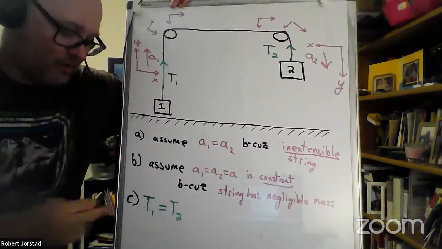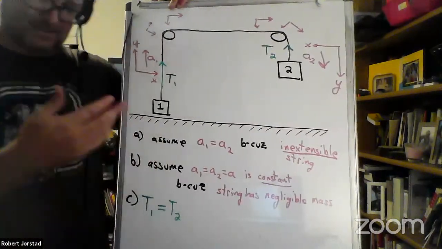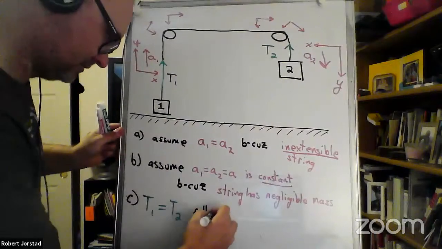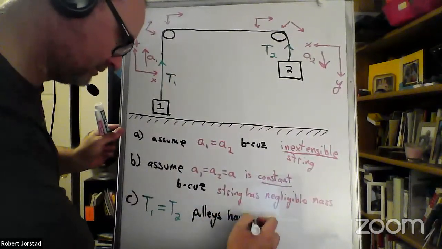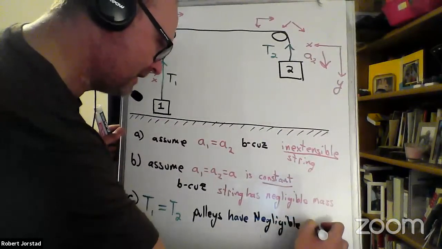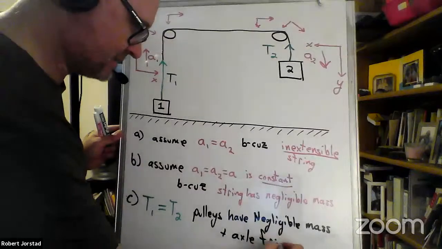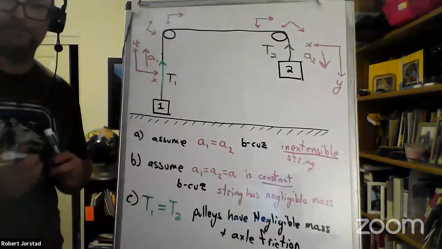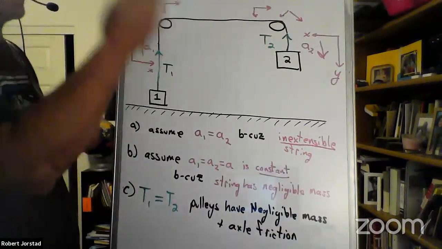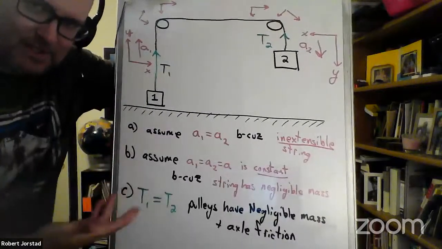Okay, so this is always true if the pulleys have no mass or the mass of the pulleys is negligible. And I guess we're also assuming they have negligible axial friction as well. Okay. We're also assuming that the string doesn't slip on there, I guess, but I don't know if that would matter to this or not. I haven't thought it through. But these are usually the big assumptions that we make.